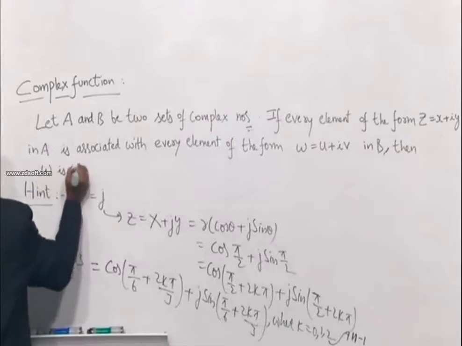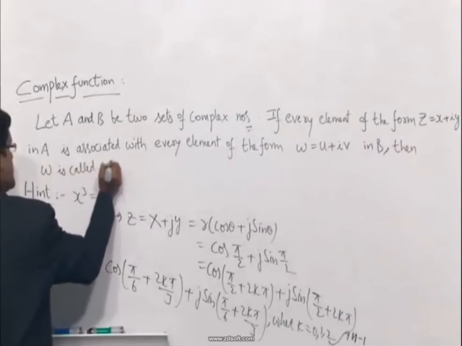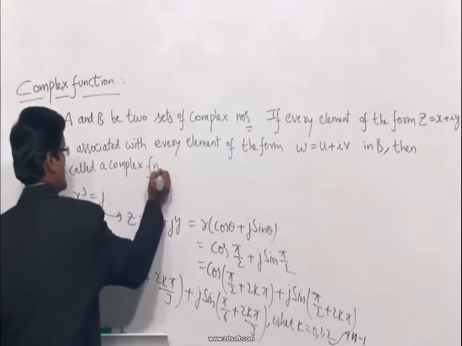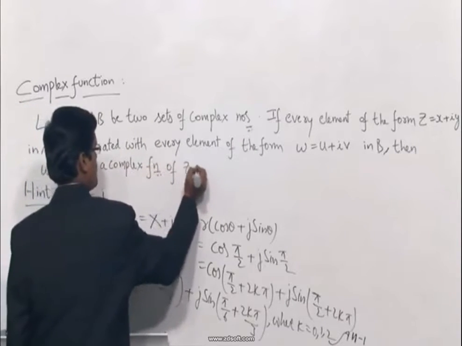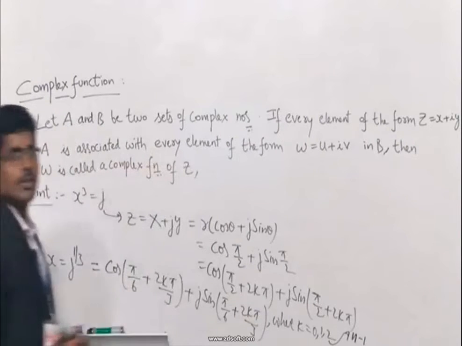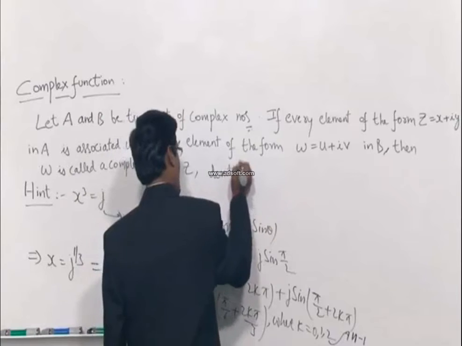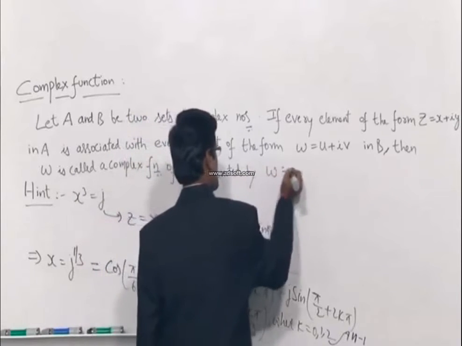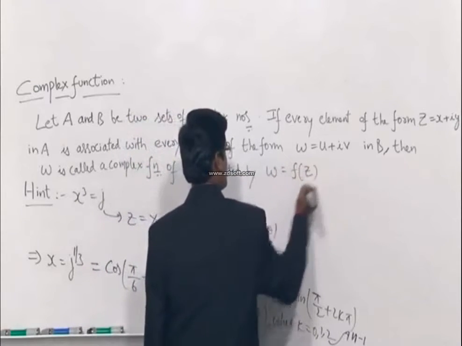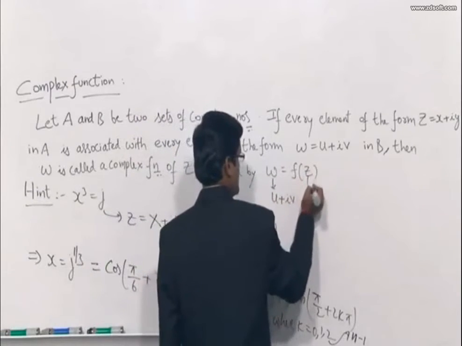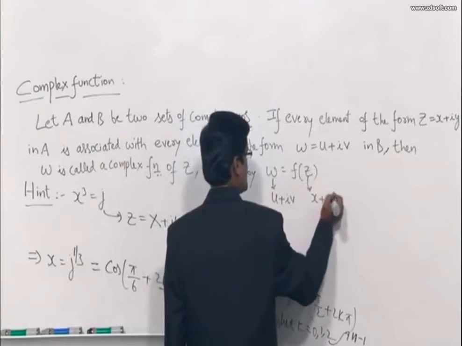W is called a complex function of Z, denoted by W is equal to f of Z. This W is nothing but U plus IV, Z is nothing but X plus IY.